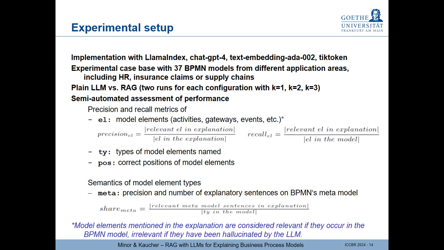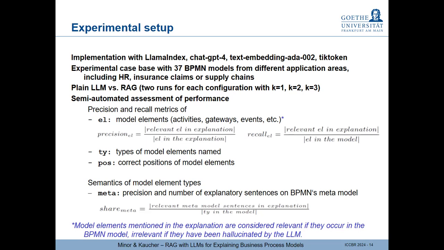We have an experimental case base with 37 process models from different application areas, including human resources processes, insurance claims, or supply chain processes. So a lot of different variants of process models from real applications.